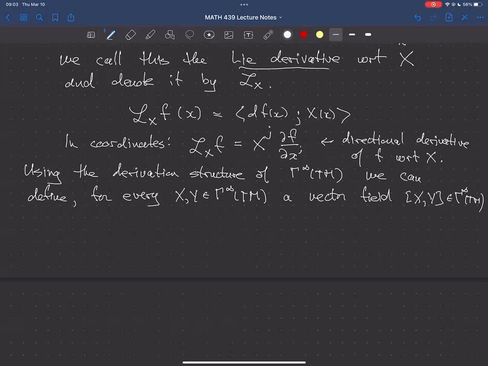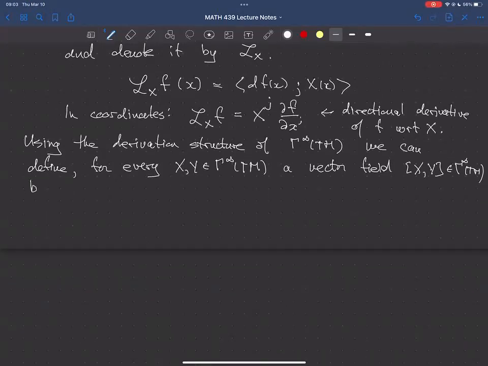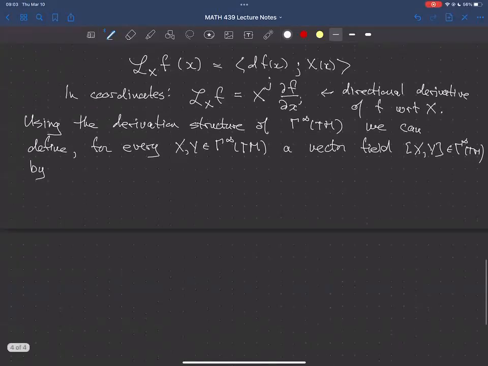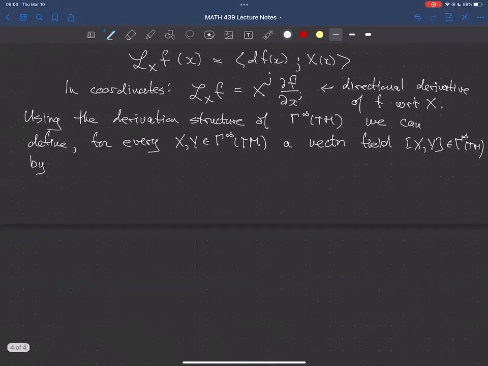The way I'm going to define this new vector field, x bracket y, is by defining it as a derivation, by the following formula. To define a vector field, by my previous remarks about derivations, it suffices for me to tell you what the derivation associated to this new vector field is.